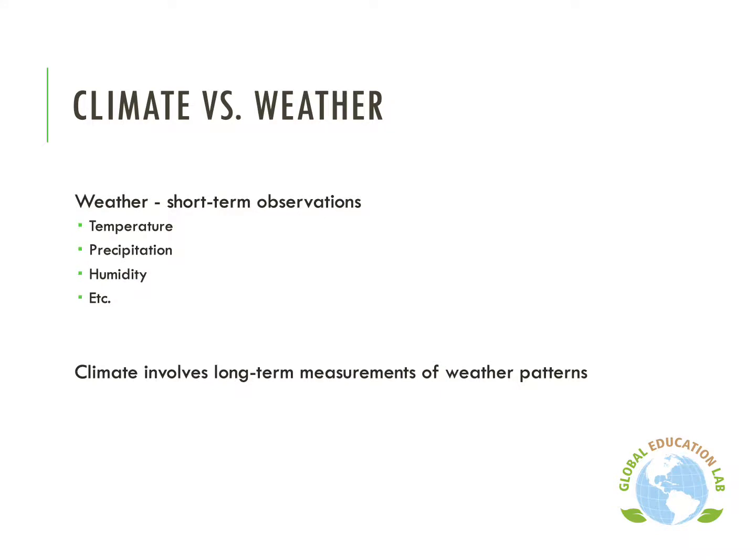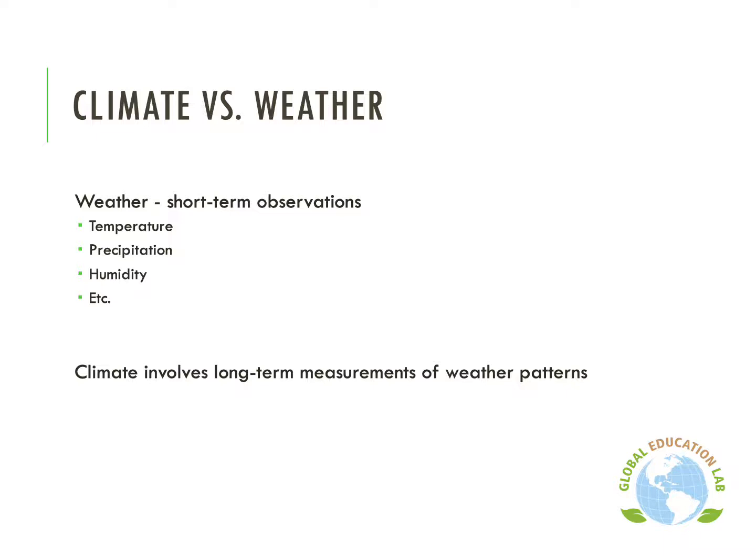A key distinction to make is the difference between weather and climate. Weather involves short-term, observable observations of things like temperature, precipitation, humidity, etc. People can see and feel weather. They live it. Weather is a part of daily conversations.